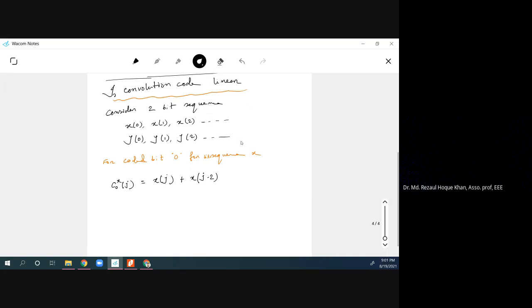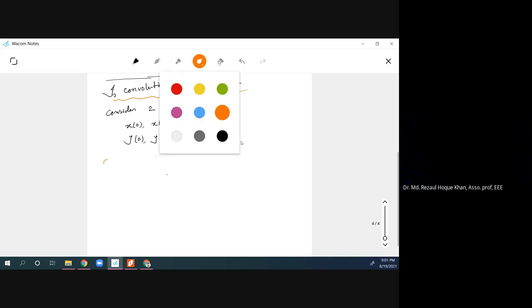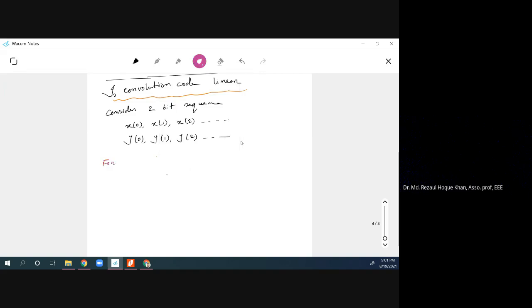Let us write it another way, so that I can write the two together. For sequence x, coded bit 0 will be here, and coded bit 1 will be here.